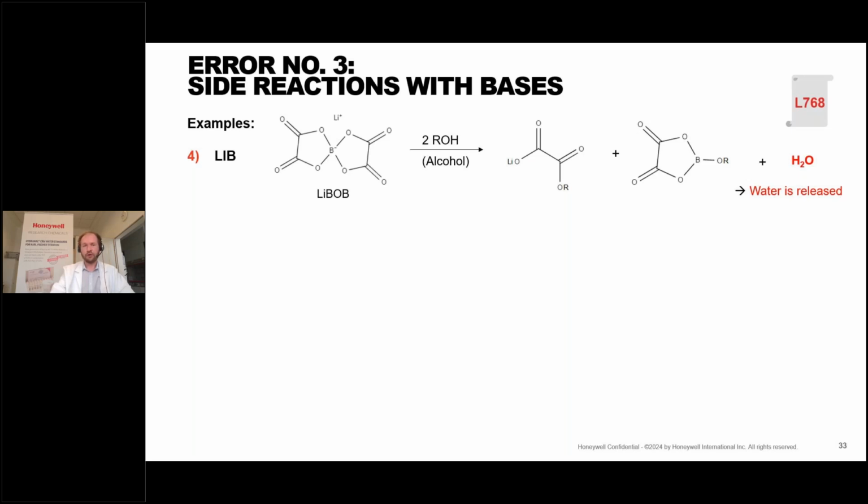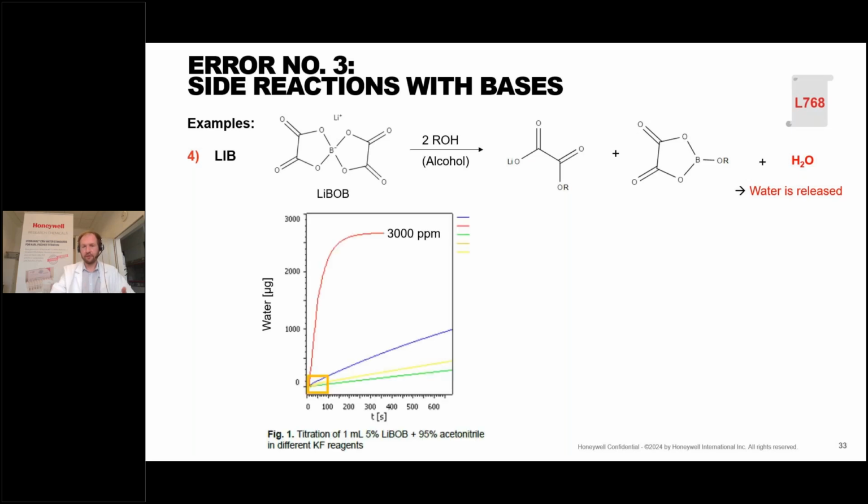In normal alcoholic Karl Fischer reagents, this reaction is very fast and very prominent. Sometimes you will even get a beautiful, stable endpoint, like on the red titration curve. However, the result will be totally wrong. Instead of measuring 20 ppm, you will measure 1000 or even 3000 ppm, depending on the LiBOB concentration.